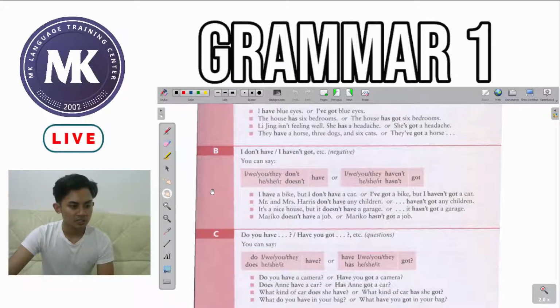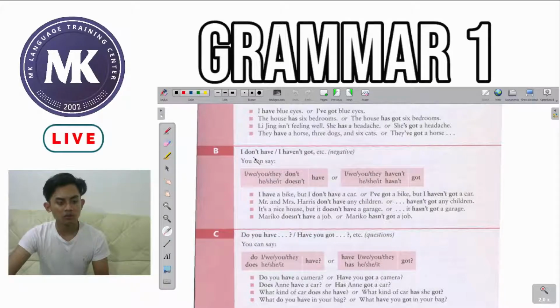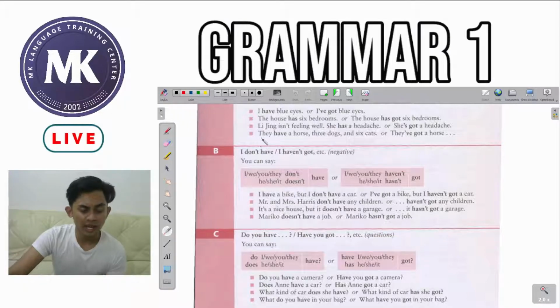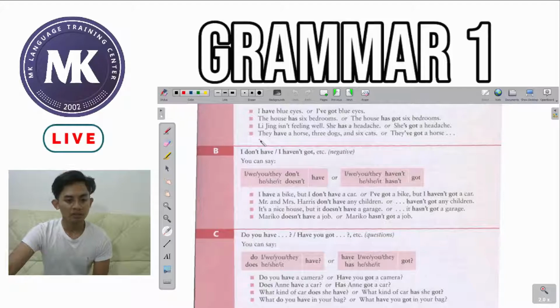Then, let's proceed to B. Here, we're going to talk about how to create the negative form of I have and I've got. So, to create the negative form of these verbs, we use don't or doesn't before have if there is no got.